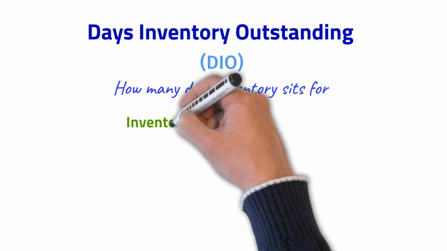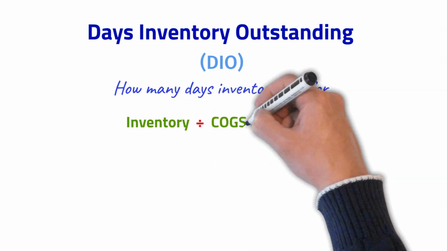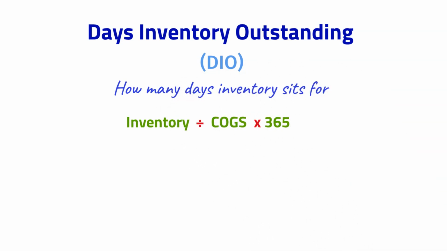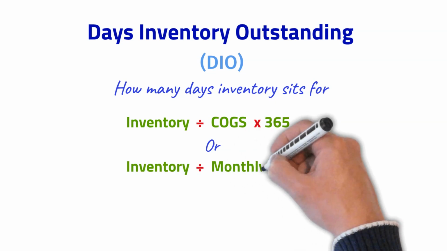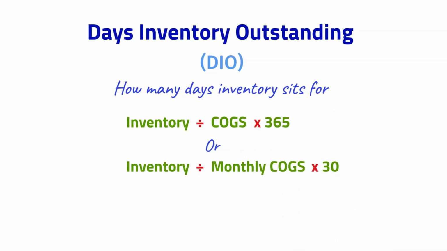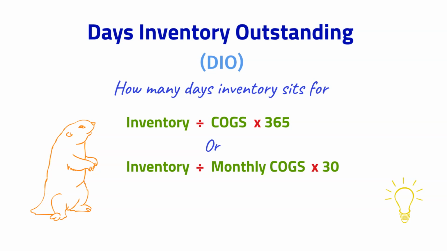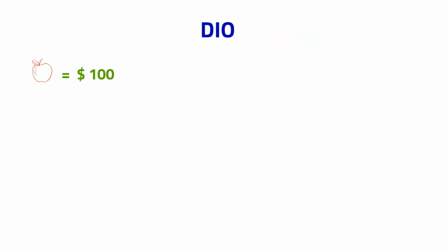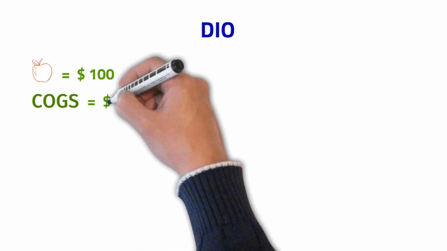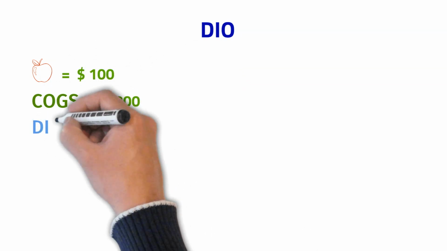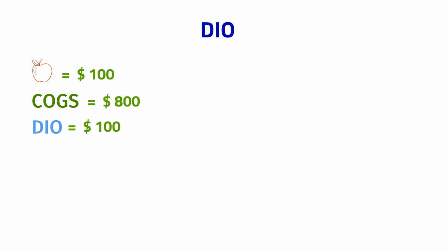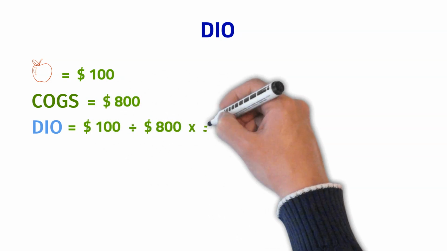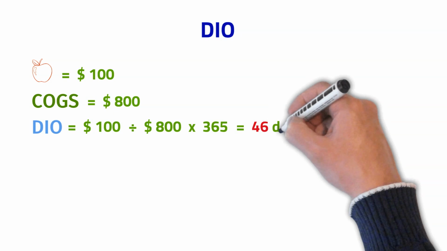The next one is DIO, Days Inventory Outstanding, which tells you how long inventory sits before being sold. It is calculated as inventory divided by cost of goods sold times 365 days, or, similarly to DSOs, the calculations could be done on a monthly basis. In our case, with $100 worth of apples in inventory and assumed cost of goods sold of $800, DIOs would be 100 divided by 800 times 365 equals 46.